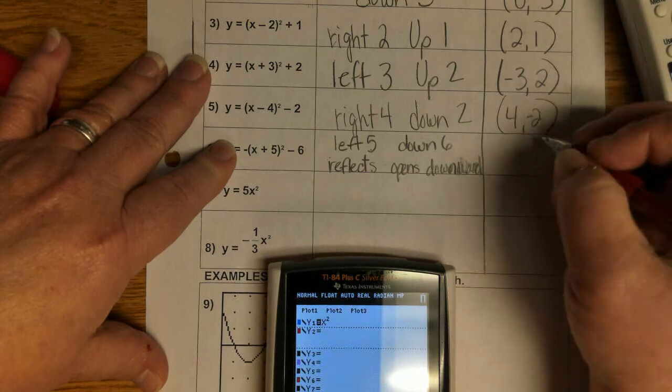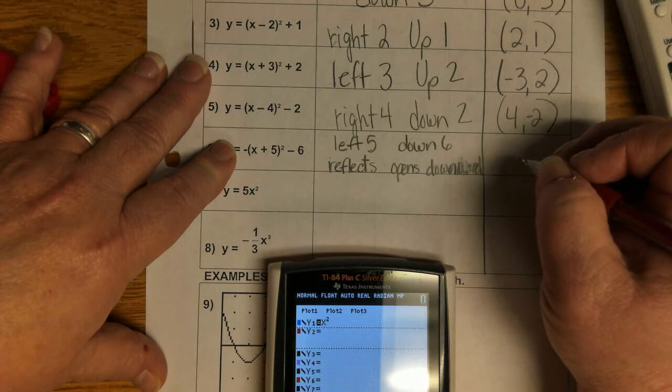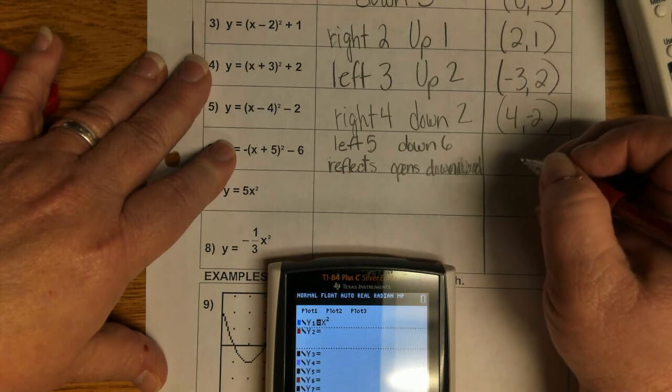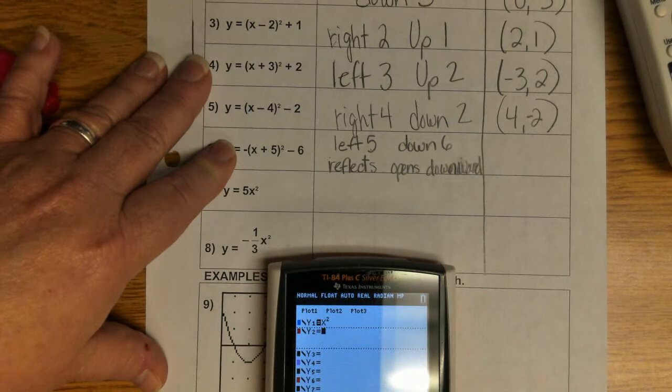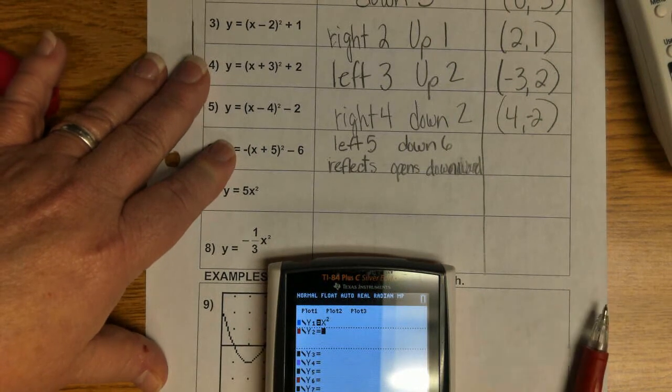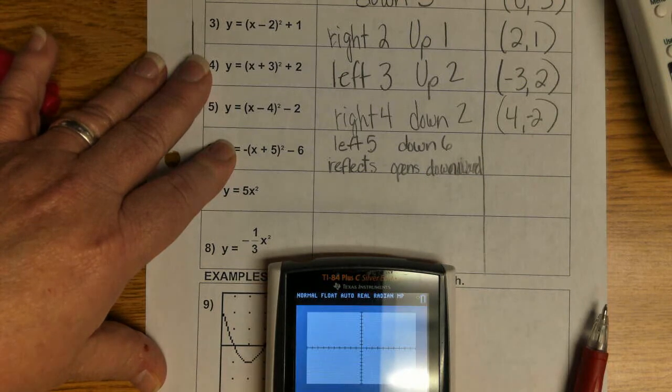So I believe left 5 and down 6 is going to be negative 5, negative 6. But let's double check it to make sure and put it in. Negative (x plus 5) squared minus 6, and I'm going to graph it.